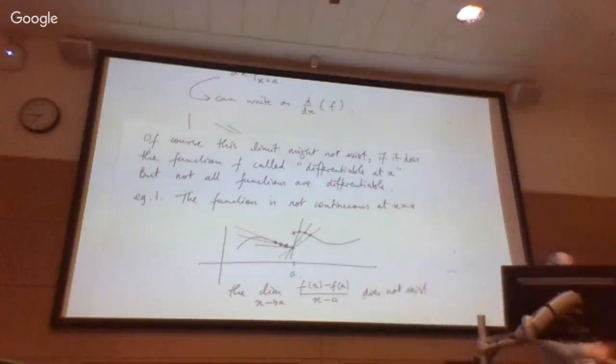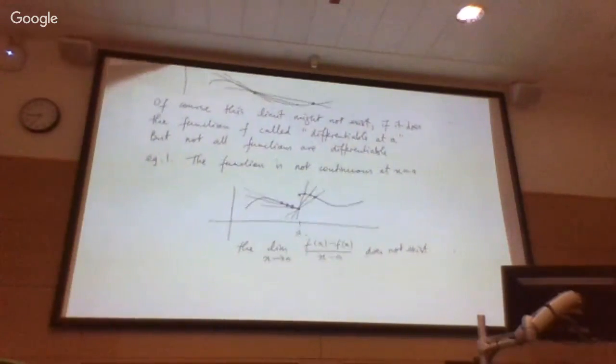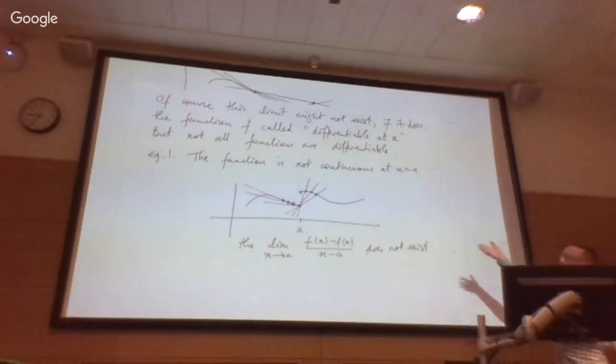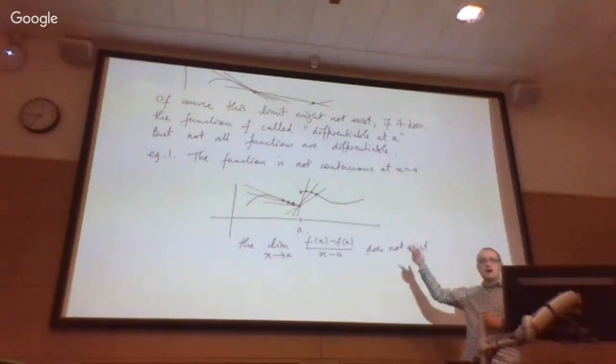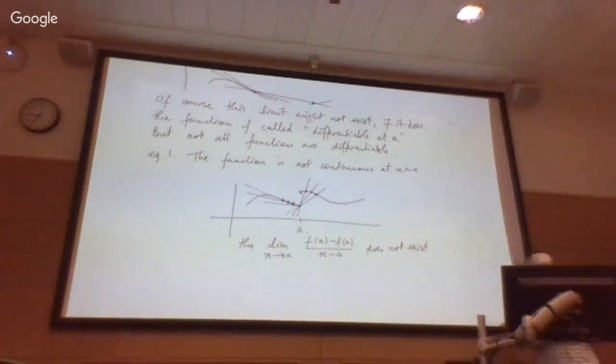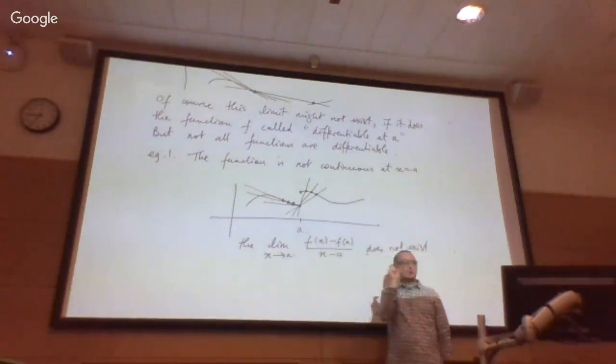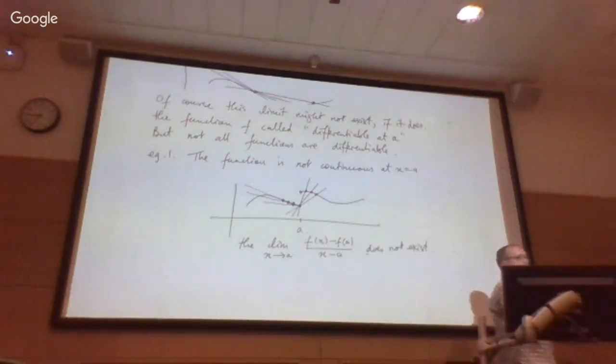And you can talk about left and right-handed derivatives of functions as you approach it from either way. But according to our definition, there's a problem here. This function would not be called differentiable at A. It doesn't have a well-defined behavior at the point A that can be captured in this single number, which measures its rate of change. The situation is more complicated.